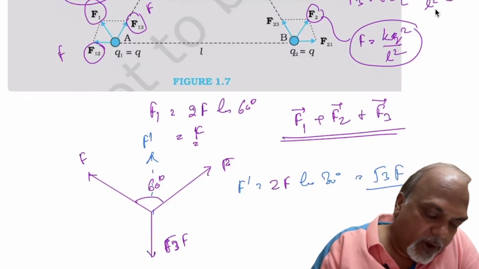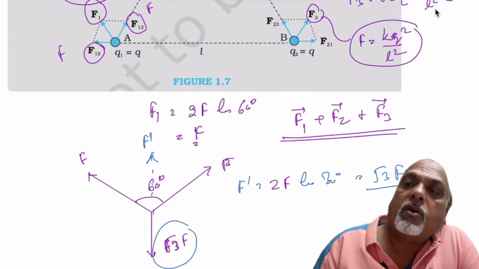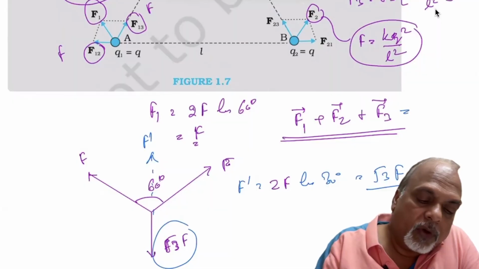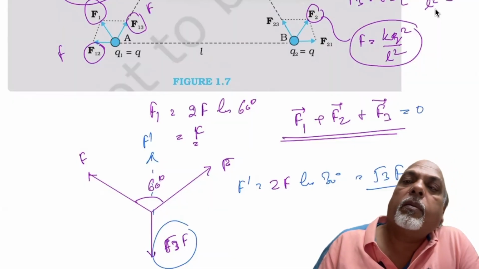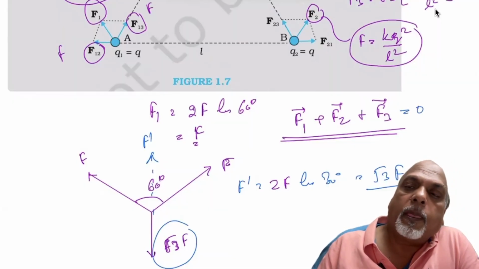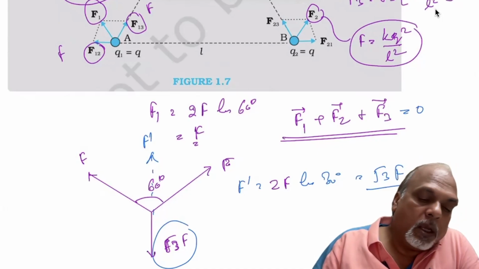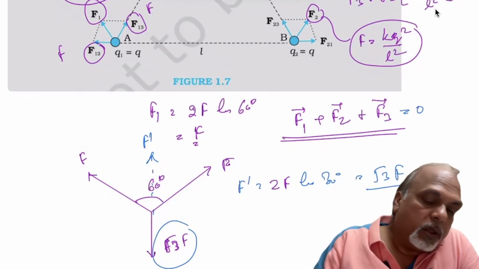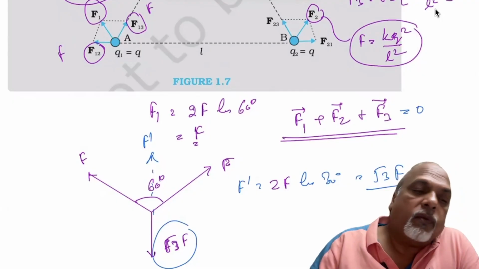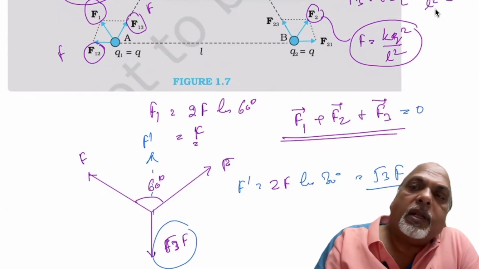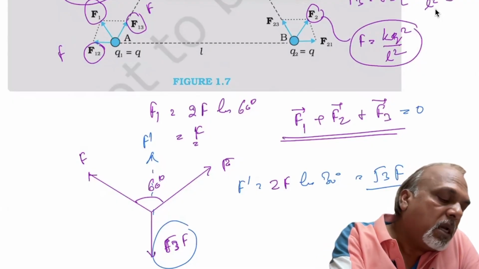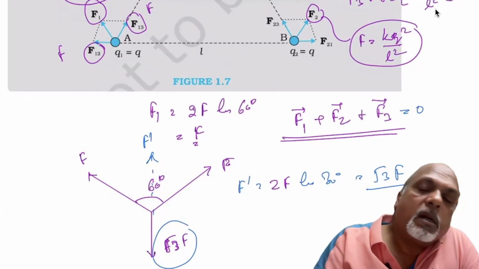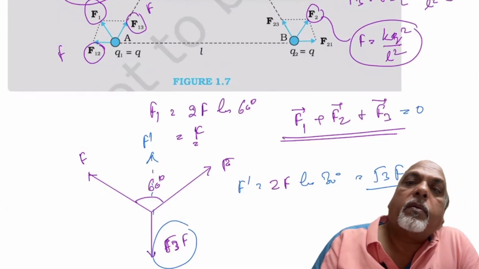So root 3F and root 3F will balance out each other. Again, this will be equal to 0. Correct? So this is the solution of your example. The solution is given in the book also. You can see that, but it is very simple. Correct?